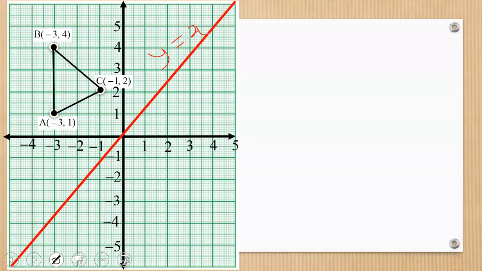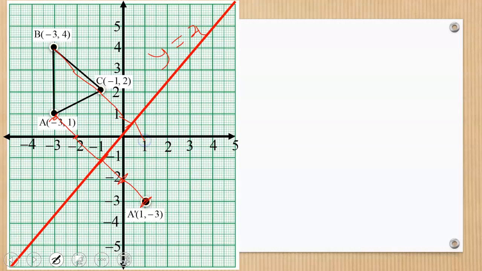Here you have to be very careful because the line is slanted, our plotting is going to be in inclined form. So point A, I'm going to move in the inclined direction of 1, then 2. And I'll do the same thing 1 and then 2. So the image will come here. Then when I look at the B, I'll do 1, 2, 3, and then half.